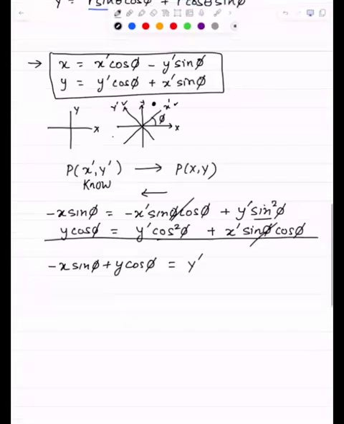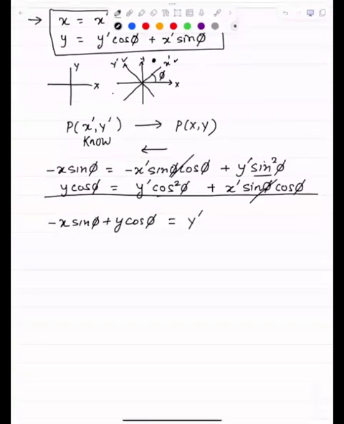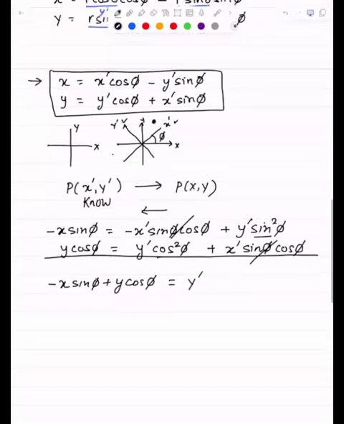So this is y prime. Similarly, let's take the same two equations again.